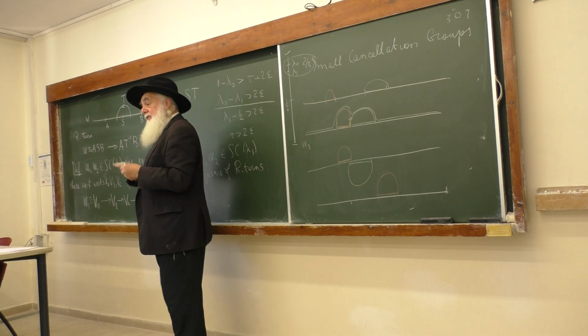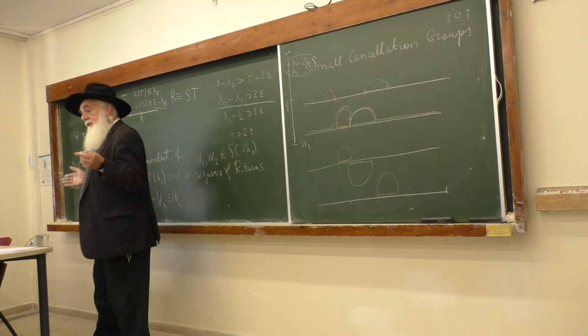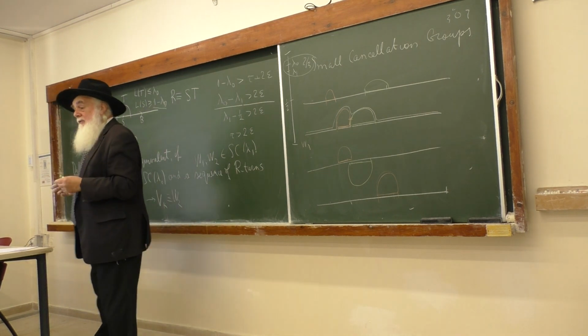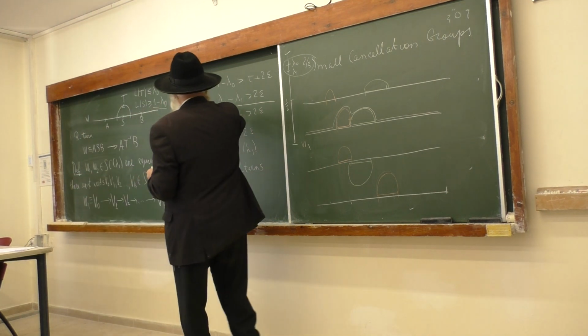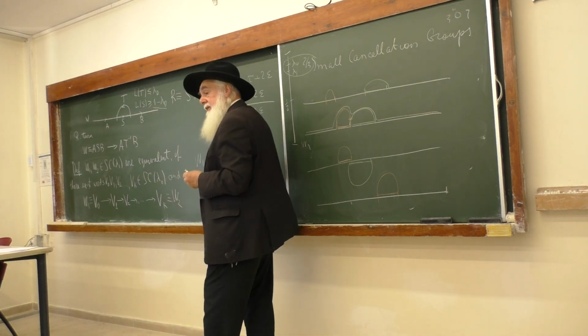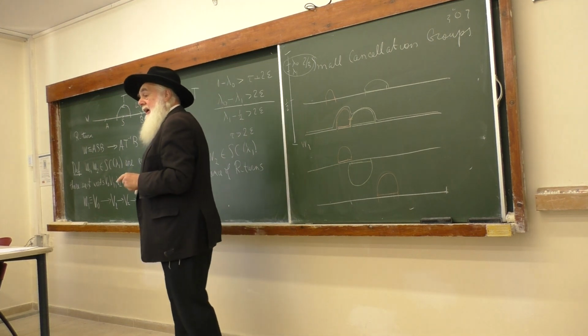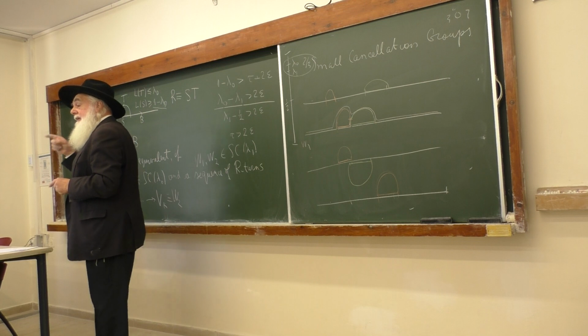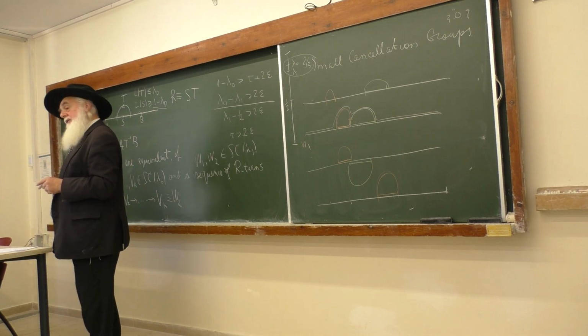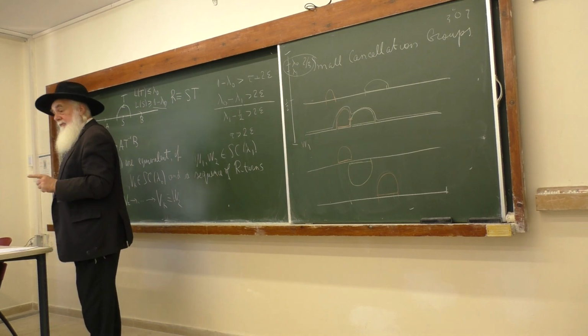Because then this could increase by 2 epsilon, but because we require that lambda 0 minus lambda 1 is bigger than 2 epsilon, all the intermediate results will be in the class of lambda 0 semi-canonical parts. It's important.